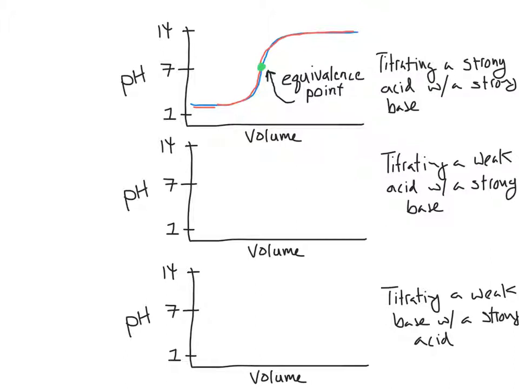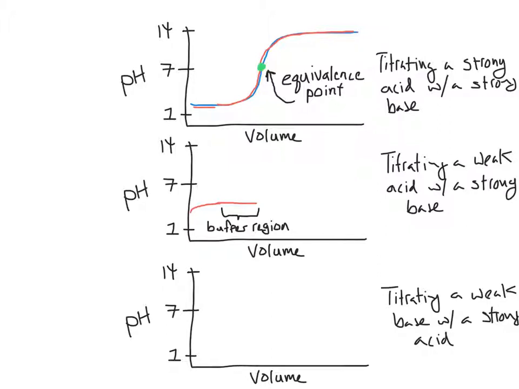When you titrate a weak acid with a strong base, you start the titration at a slightly higher pH because it's a weak acid. The titration curve then plateaus in this region here called the buffer region, where you have appreciable amounts of the acid and its conjugate base.